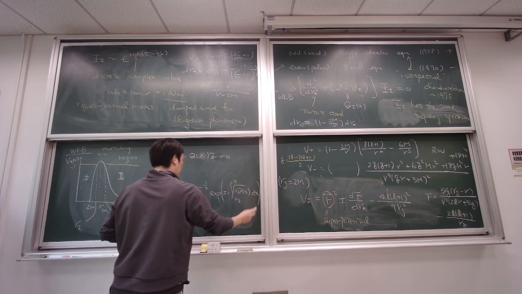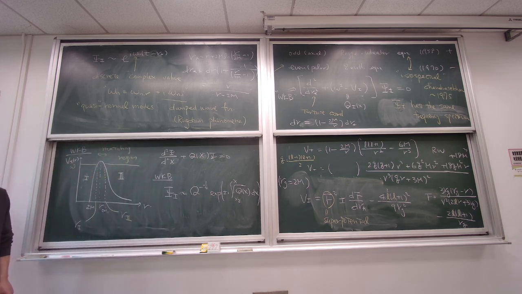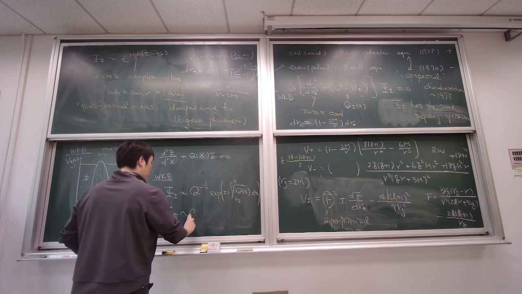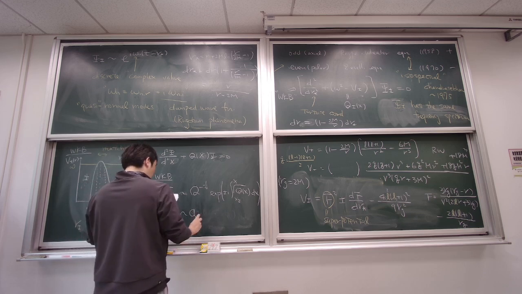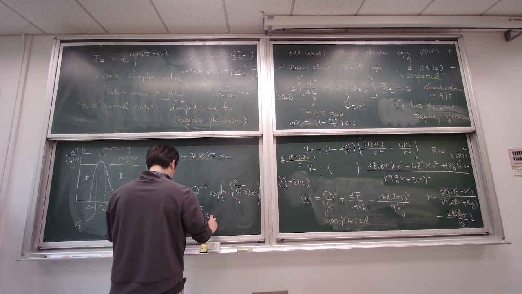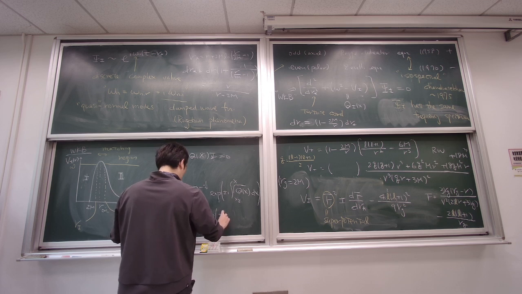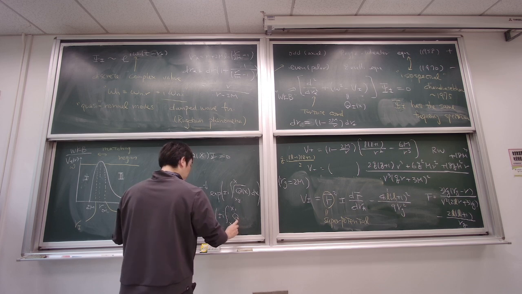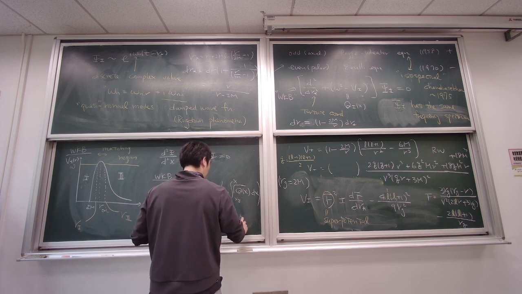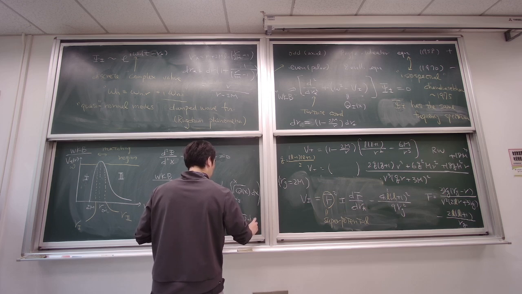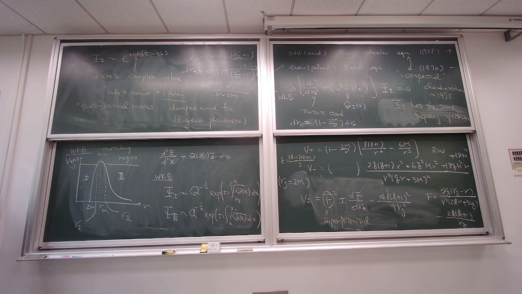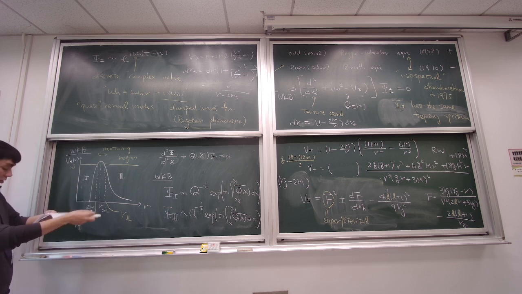This is what you learn in quantum mechanics. And region 3 is q to the minus 1/4 exponential of plus minus i integral from x1 of square root of q of x dx. So that's the form of the WKB wave function around regions 1 and 3.